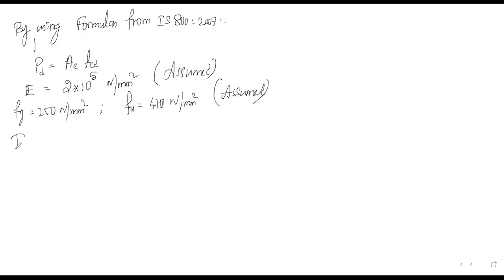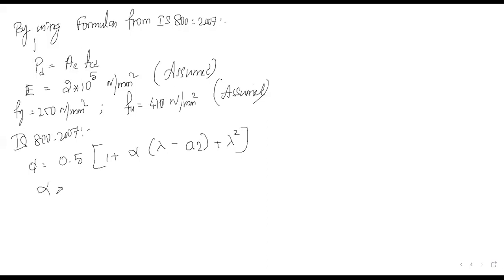Next, from IS 800:2007, what are the formulas? Phi is equal to 0.5 into 1 plus alpha into lambda minus 0.2 plus lambda squared, whereas alpha we see in table 7.